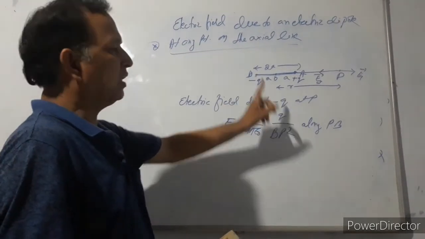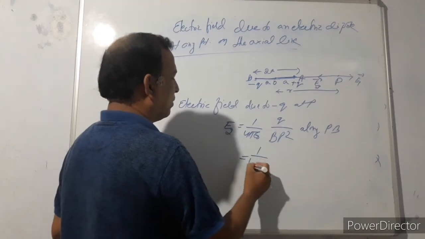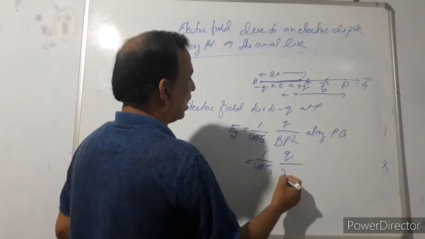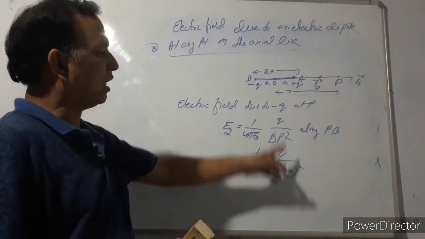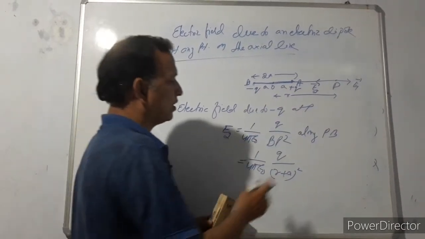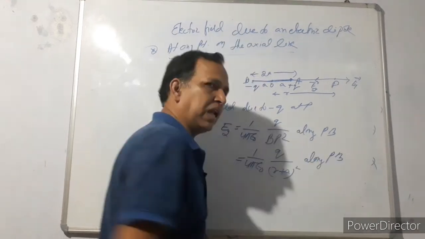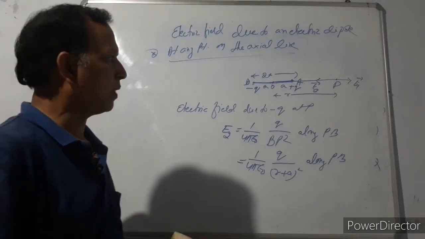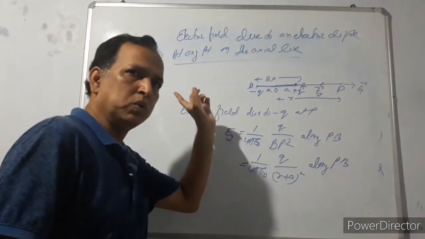End point is B, along PB. That is equal to 1 by 4 pi epsilon naught q by r plus a whole square along PB.